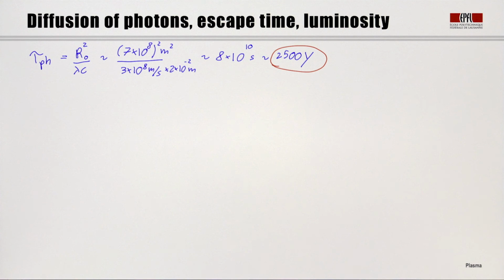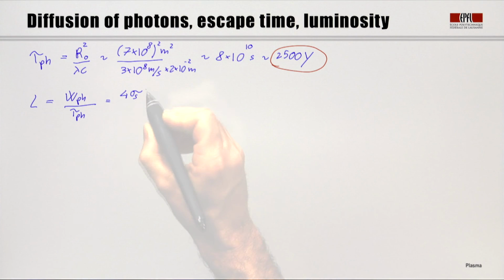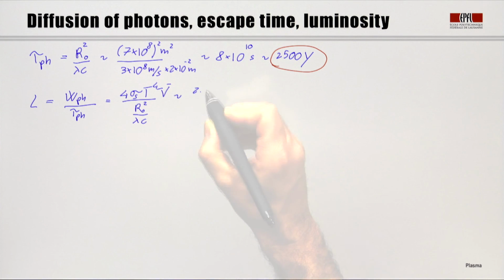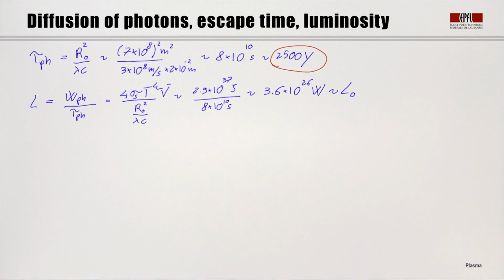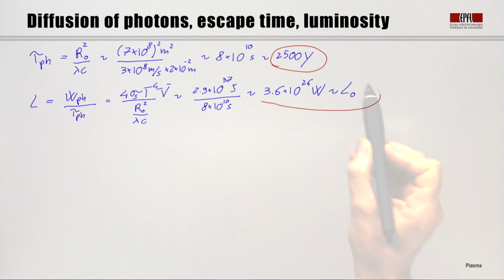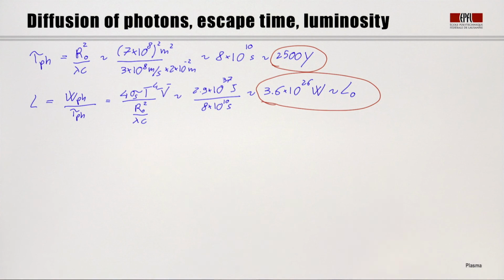This reduces dramatically the luminosity. To show this, we use the formula of the luminosity we used before, and we plug the numbers we have just computed. If we do that, we obtain a value which is very close to the actual luminosity of the Sun. The second important result we can obtain is by recalling the average effective temperature of the Sun that we have estimated using the hydrostatic equilibrium hypothesis.